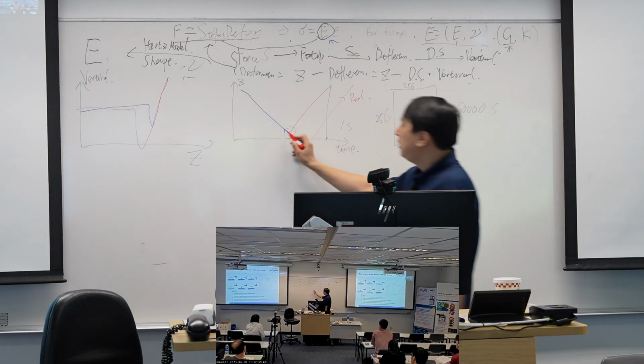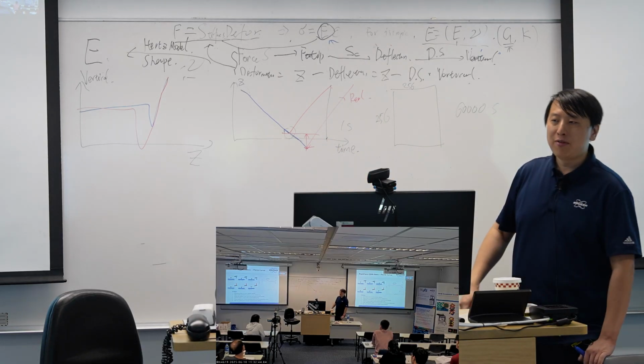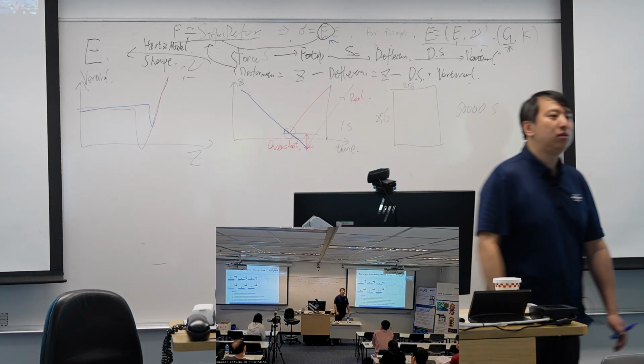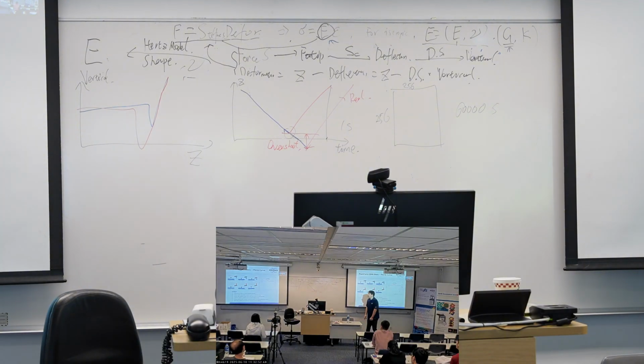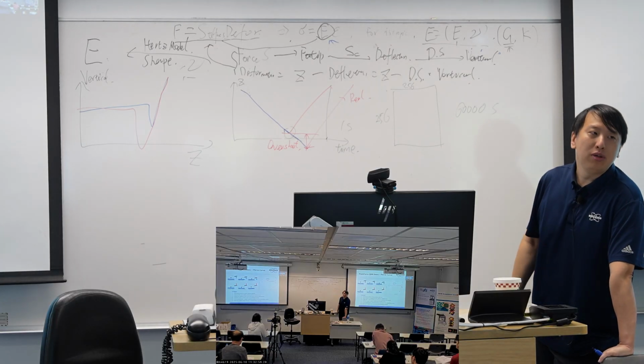This difference, in the AFM community, they call it overshoot. Of course, this overshoot is due to Newton's law. As your speed increases, the overshoot will increase.